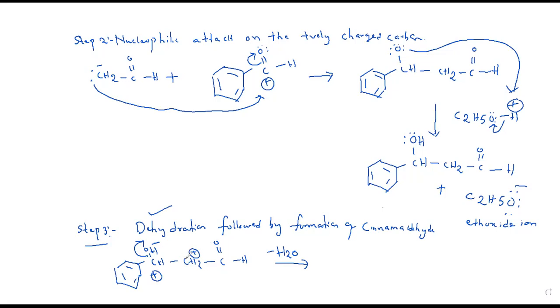Okay, at the same time, the electrons which are retained with this carbon will be shifted here to form a double bond. When you compare the electronegativity between carbon and hydrogen, carbon has a little bit more electronegativity, right? So carbon will have some lone pair of electrons with it.